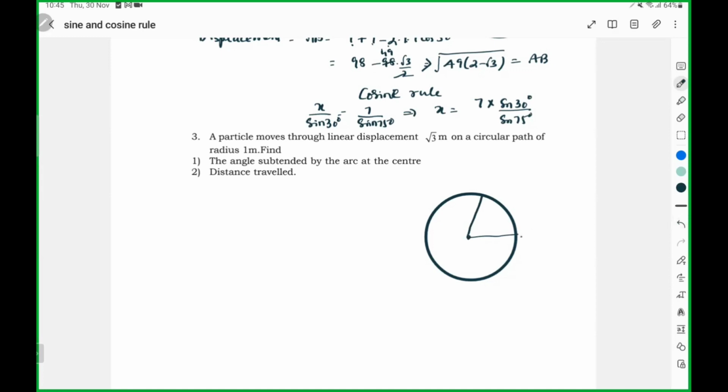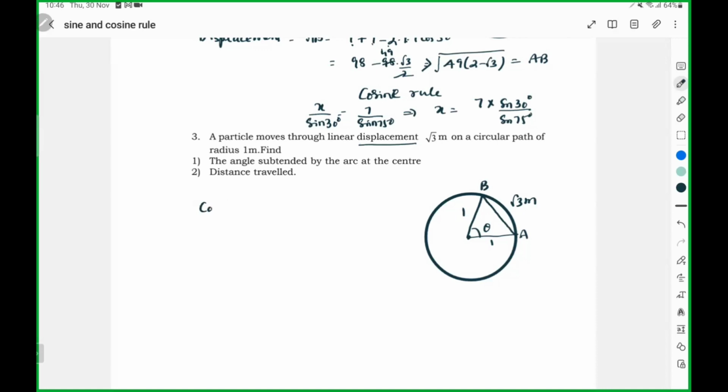He is asking for the angle subtended. So root 3 meters, sorry, not arc length, it is linear displacement, that is AB.